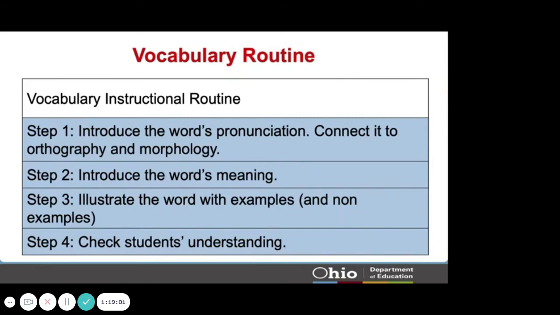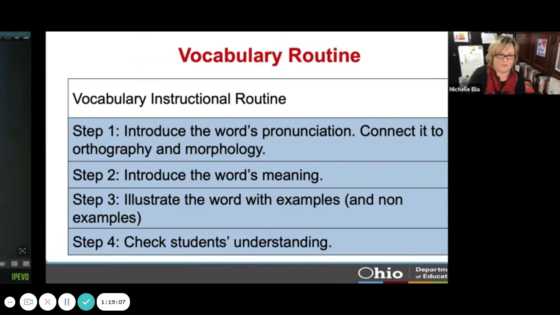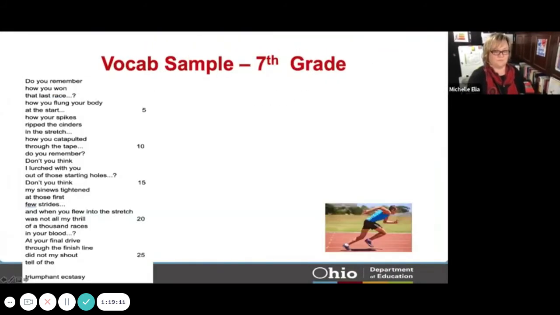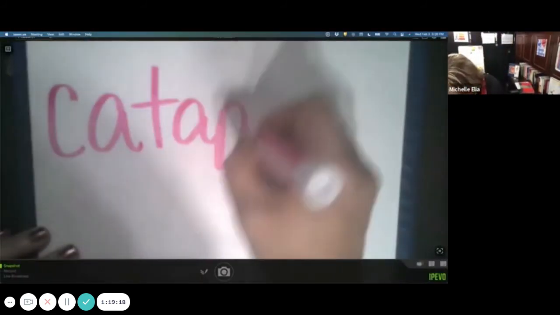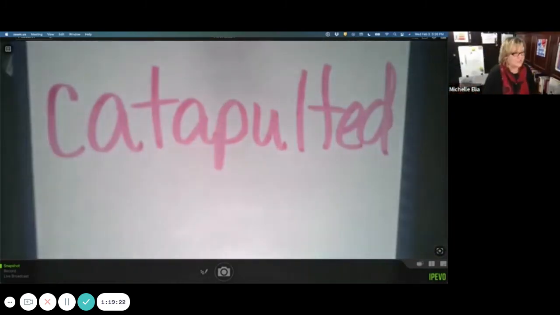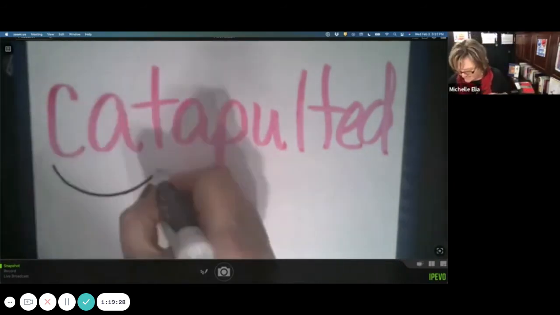Then I'm going to specifically connect it to the orthography and the morphology. And I'm going to do this on my whiteboard here. You guys see that okay? Okay, so I'm going to scoop the syllables, and you don't have to turn on your mics, but as I scoop the syllables, you're going to read them.